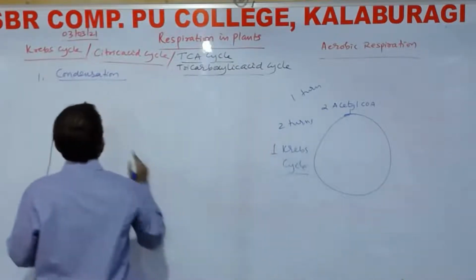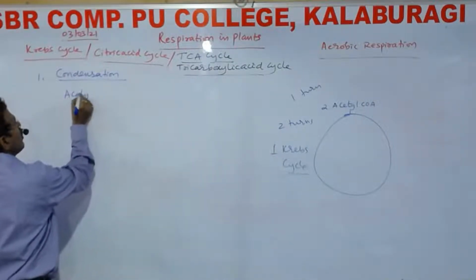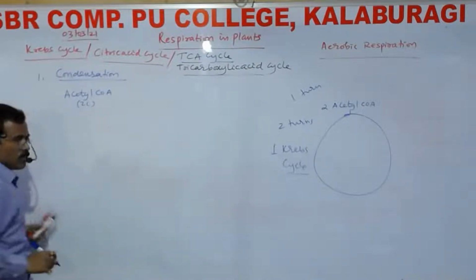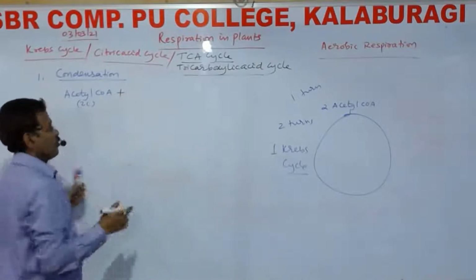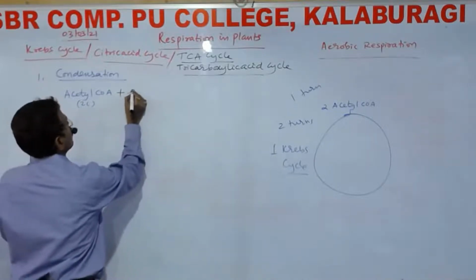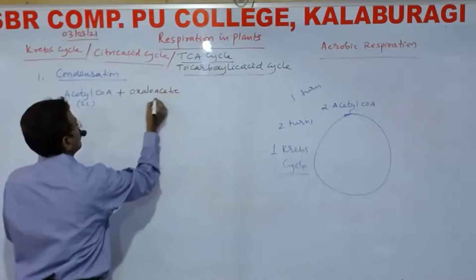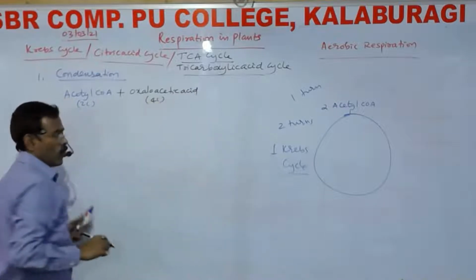What you call oxidation of that acyl coenzyme can be there. So now condensation. Acetyl coenzyme, a two carbon compound, will condense, combine with oxaloacetic acid, 4 carbon organic acid.